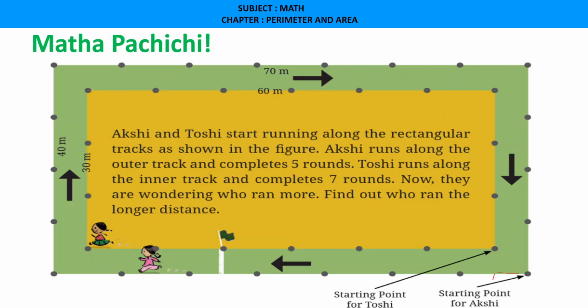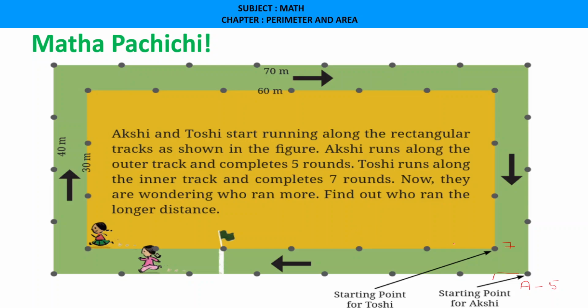Toshi runs along the inner track and completes 7 rounds. So here is Akshi's starting point. Akshi completes 5 rounds. Here Toshi will start. Toshi completes 7 rounds. Now they are wondering who ran more. Find out who ran the longer distance.